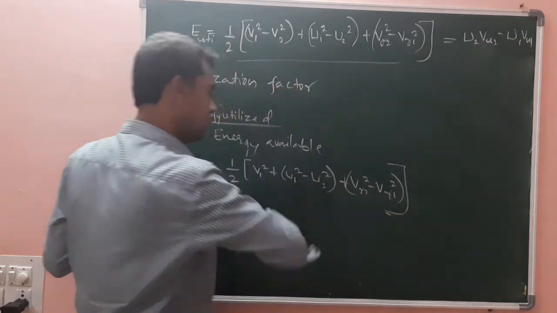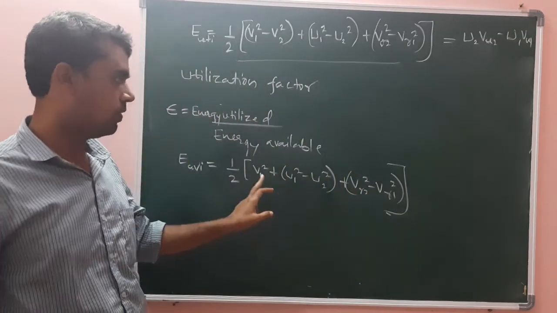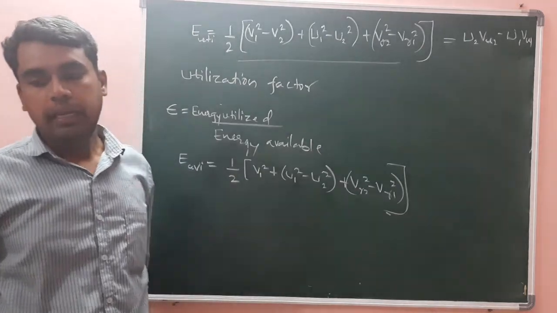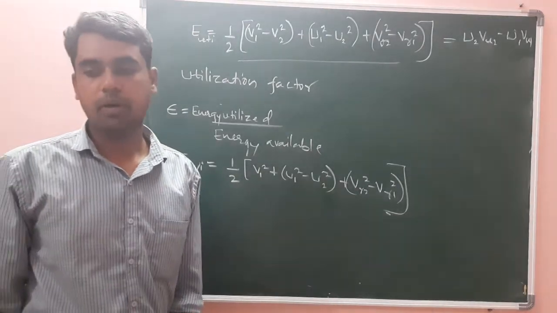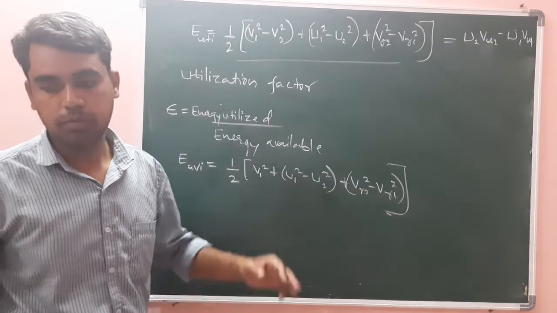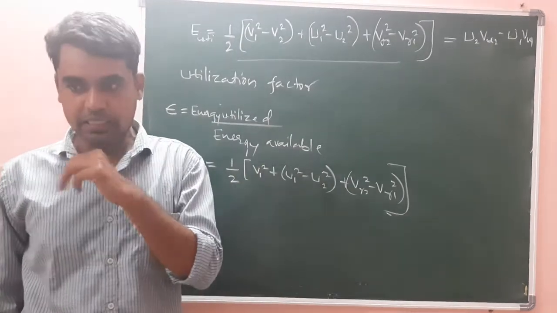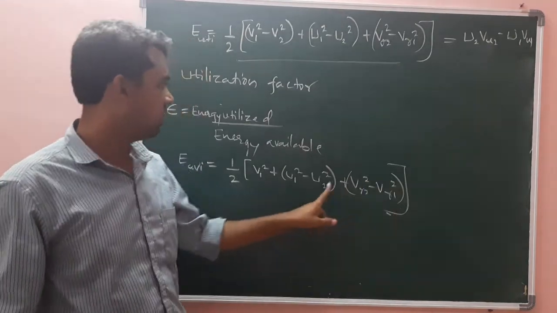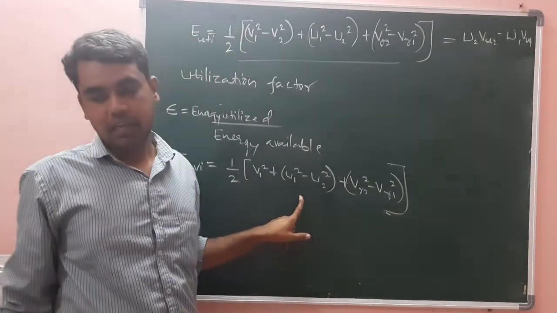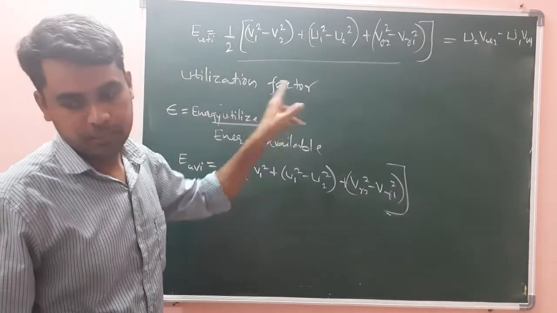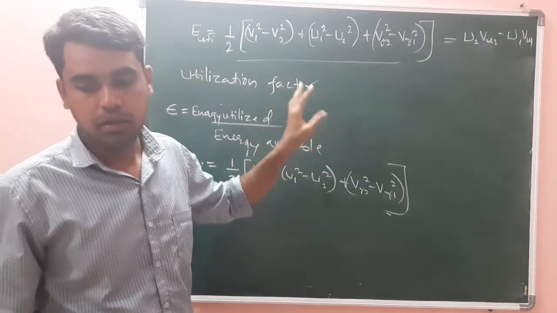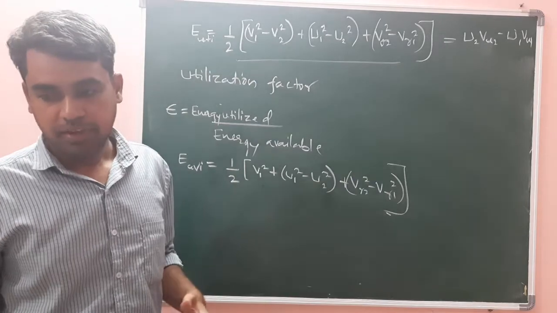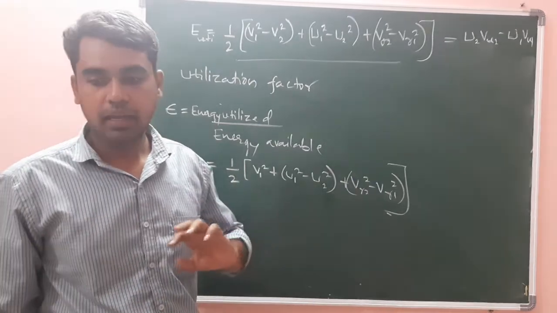This is the energy available when V2 is equal to 0, the maximum energy available in a turbo machine. This is nothing but the ideal energy, or the maximum energy transfer. This we can simplify.